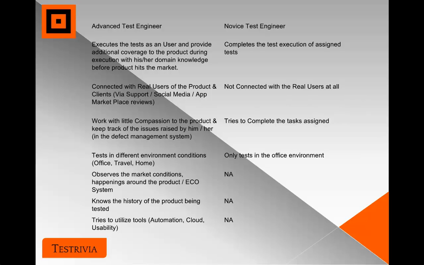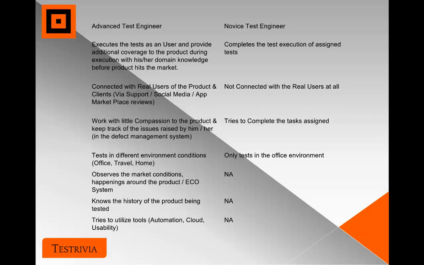The user will come back to you saying this is not the way they really want to use the client. So then you will additionally write those defects, those issues, those problems, and then you will get that done for the product.